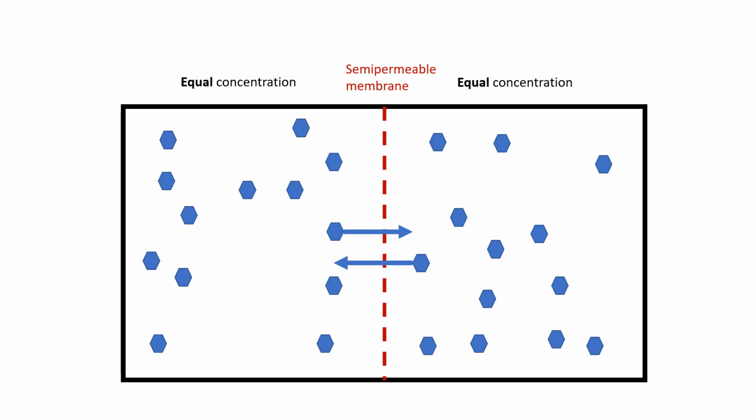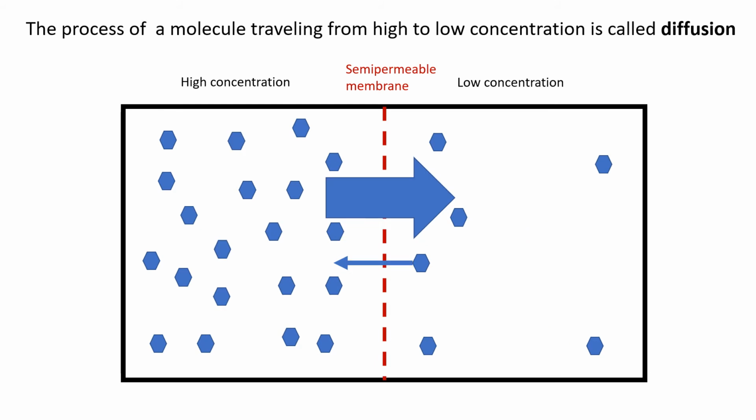And you see this kind of general net non-flow between one side and the other. Maybe one bips over to one side or the other, but in general, there's not really a flow from one side to another. The process of a molecule traveling from a high to low concentration is called diffusion.